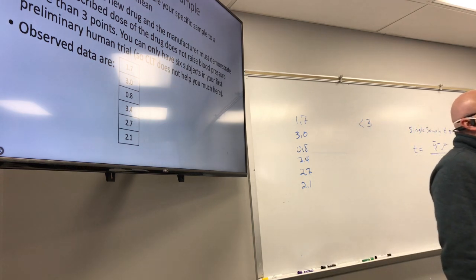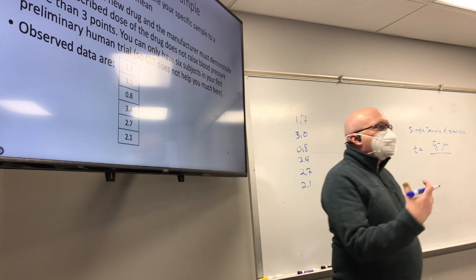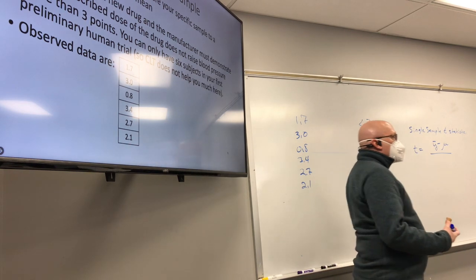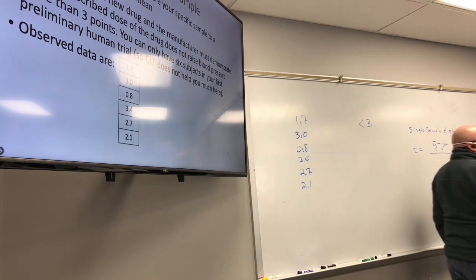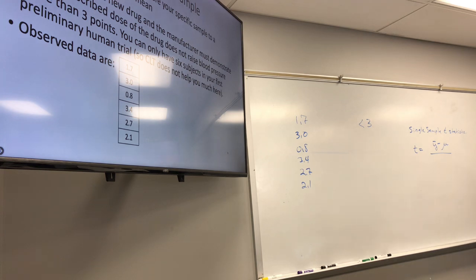Not from a table, but from the formula for how you would calculate the t-statistic. It should have a numerator where you compare your observed mean to some hypothetical mean. What's in the denominator?